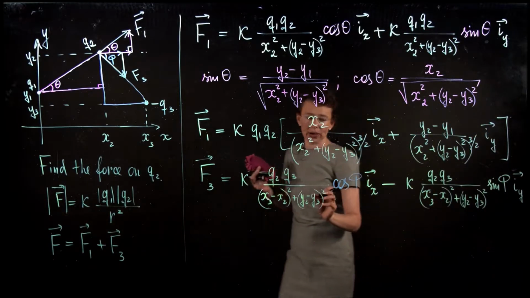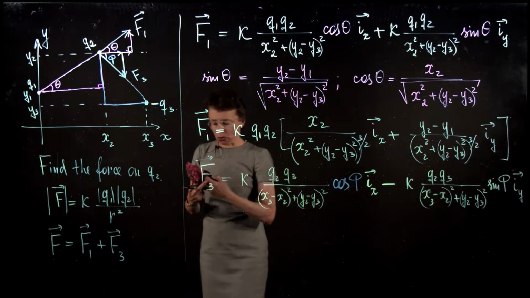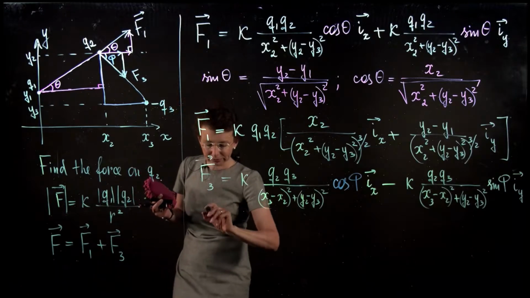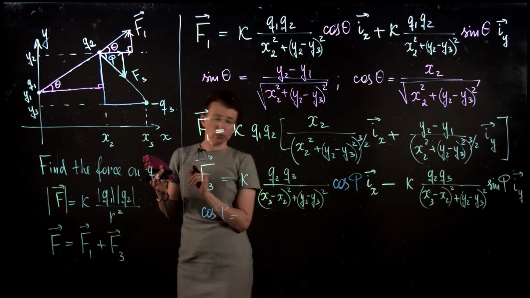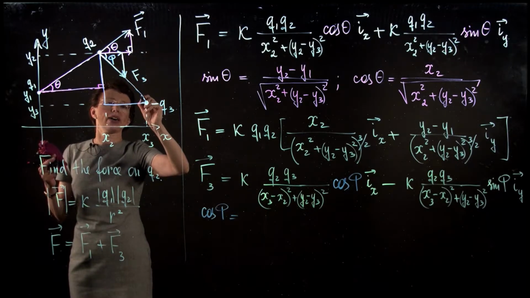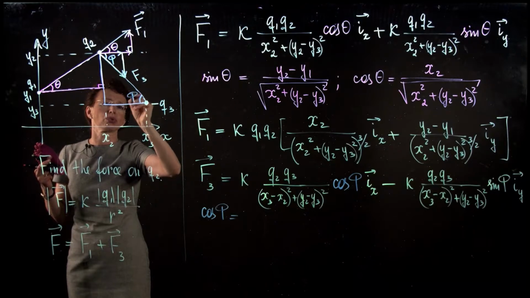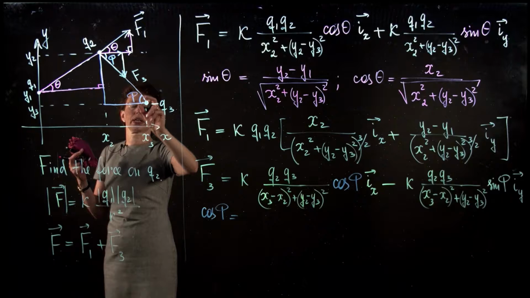So now we need to find out what cosine phi is and what sine phi is. So cosine phi is equal to, which triangle will we use? So this angle is phi, then this angle is also phi. Let's use this triangle to find cosine phi.